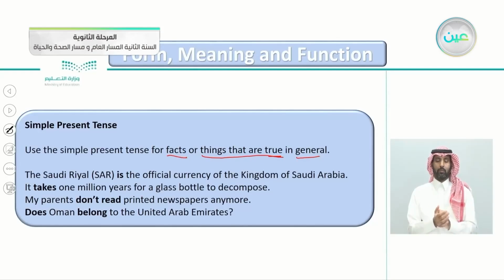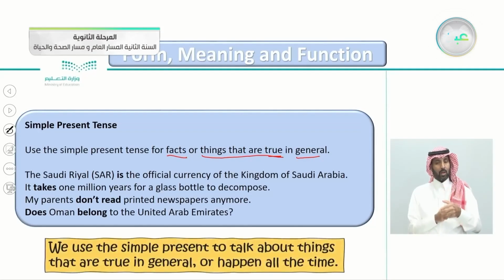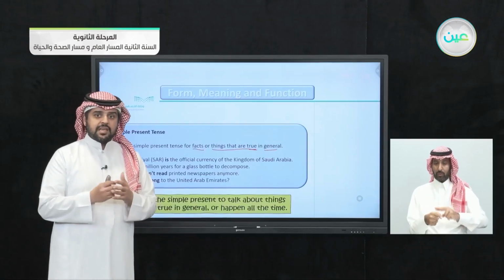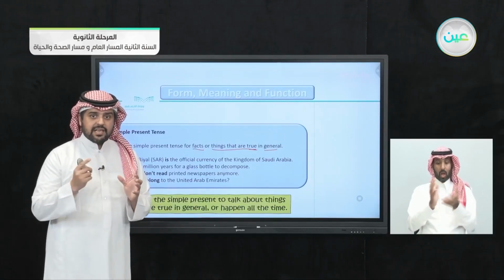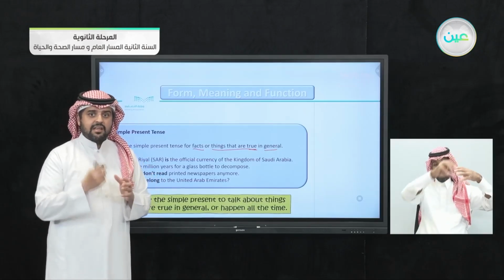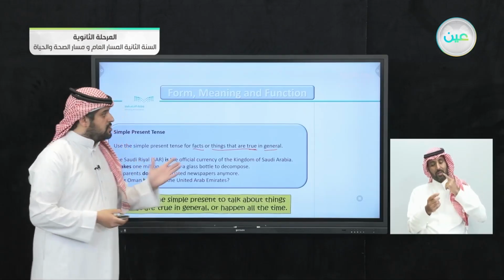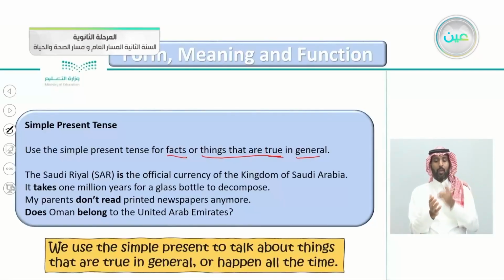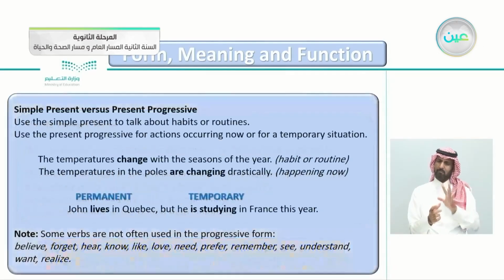We also use the simple present tense to talk about things that are happening all the time. For example, when you say the earth circles the sun every year, this is happening all the time. So we use it for facts, things that are true in general or things that happen all the time.